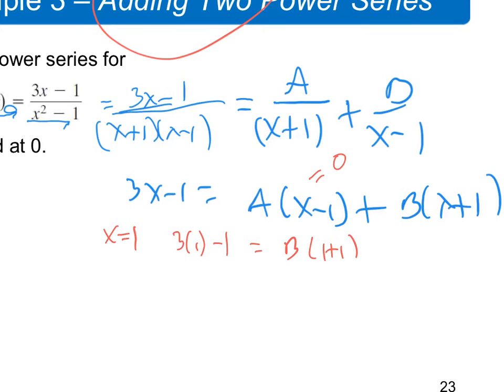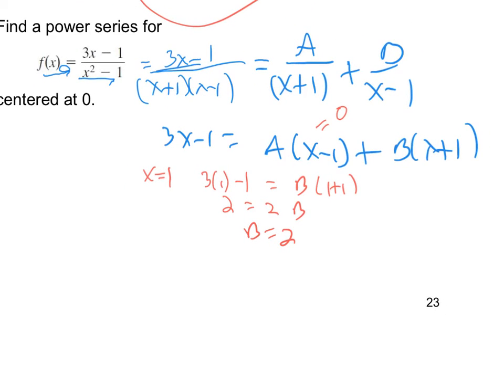That's 3 minus 1 is 2 equals 2b. B is 1. Now, if I plug in x equals negative 1, this will go to 0 because negative 1 plus 1 is 0.